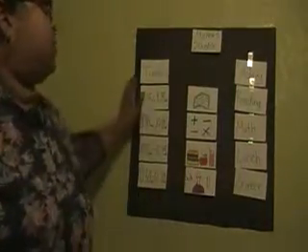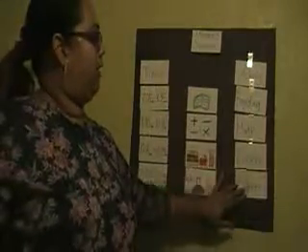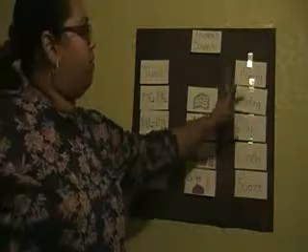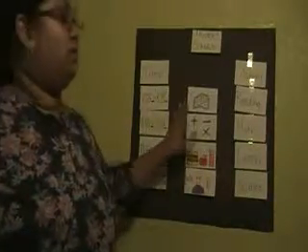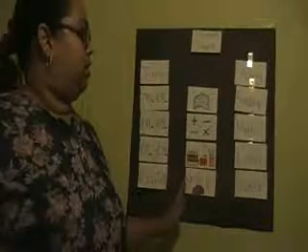So now our schedule tells us that we have 4 activities to do. We can even know what our activities are without the words, because we also have the visual.